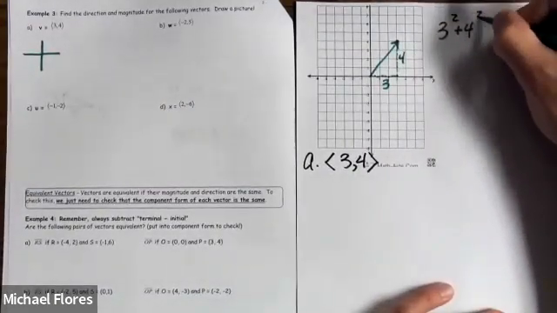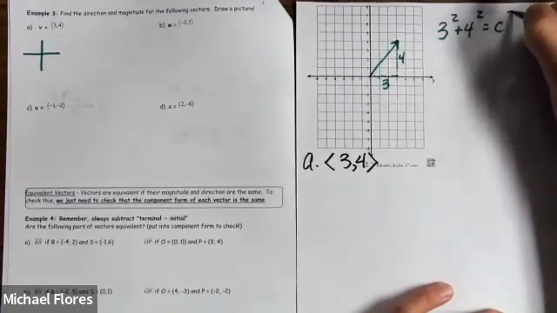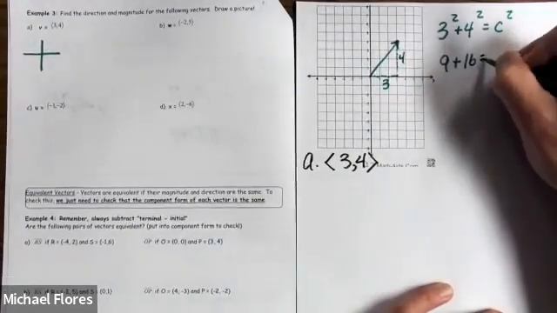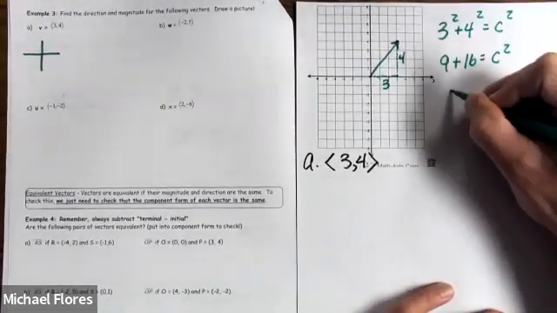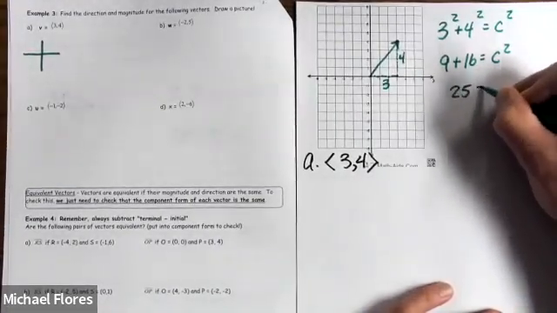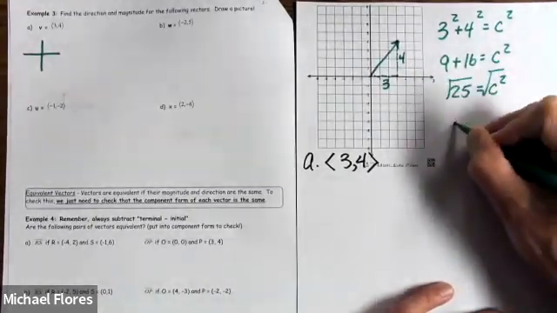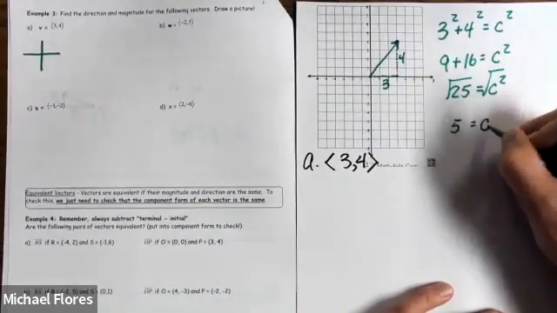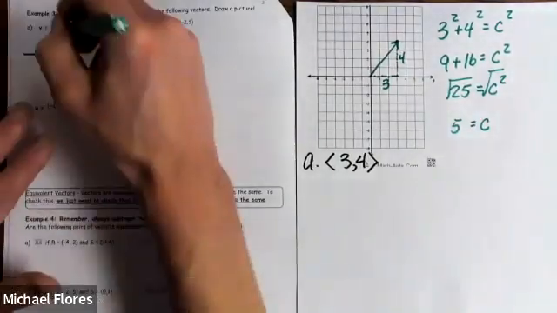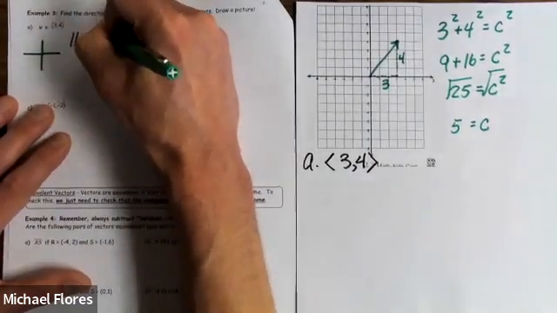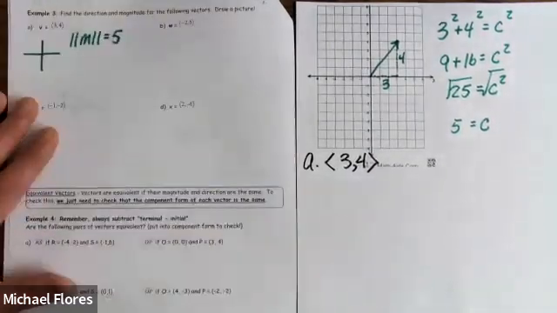That's just Pythagorean theorem. So we have a magnitude of 5.